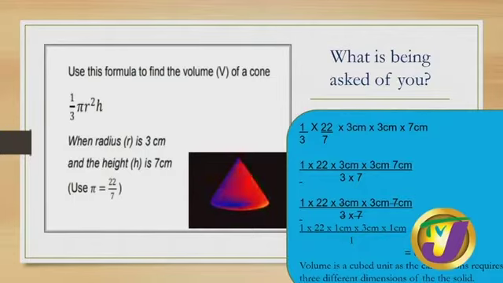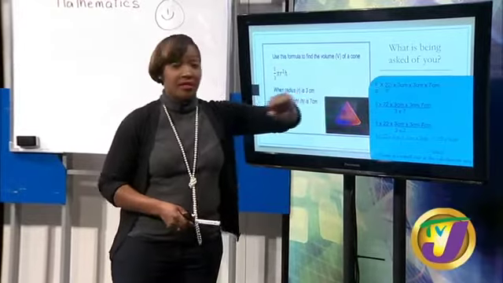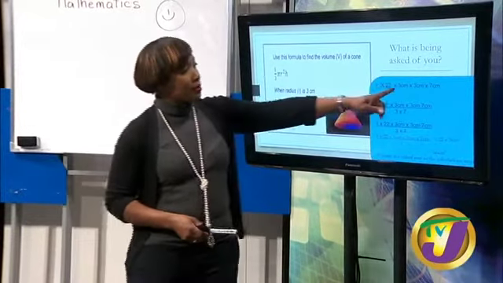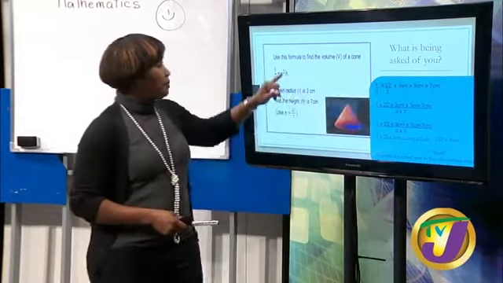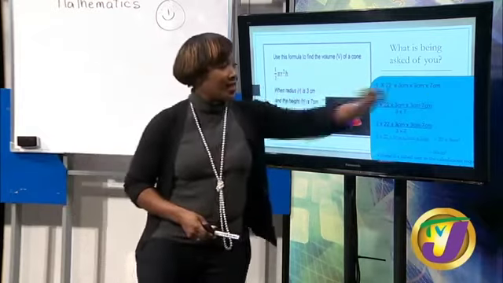So we have 1/3 multiplied by what pi is, which is 22 over 7, multiplied by r squared. From yesterday's lesson, when you square something, you multiply it by itself. So if I'm squaring r, which is 3 centimeter, I have to multiply it by 3 centimeter as well. So you see my r squared here, multiplied by the height, 7 centimeter.